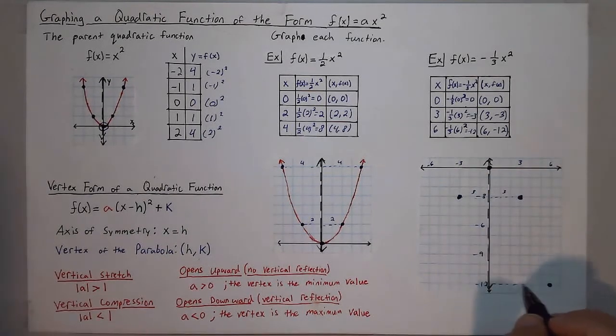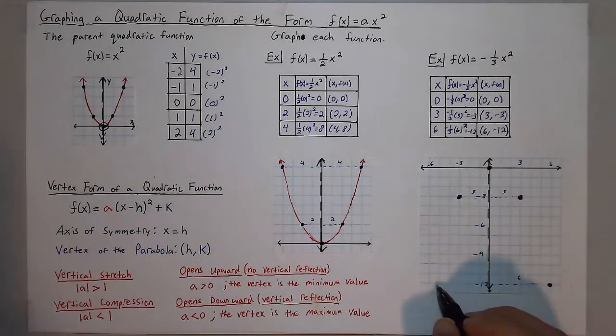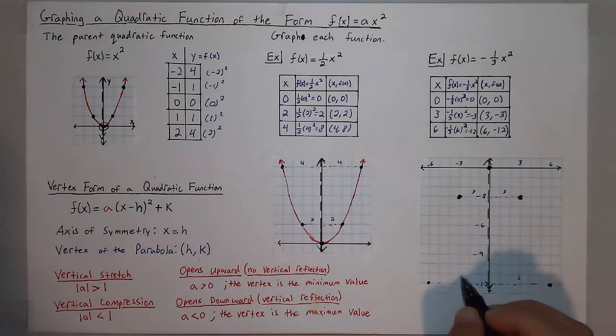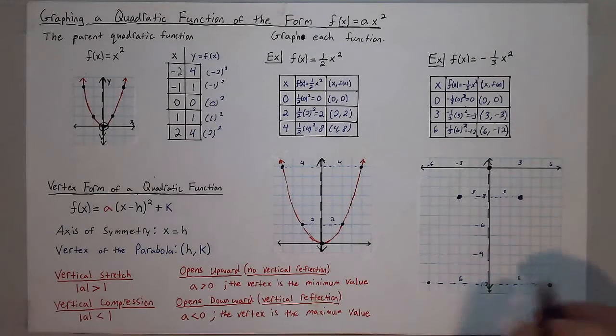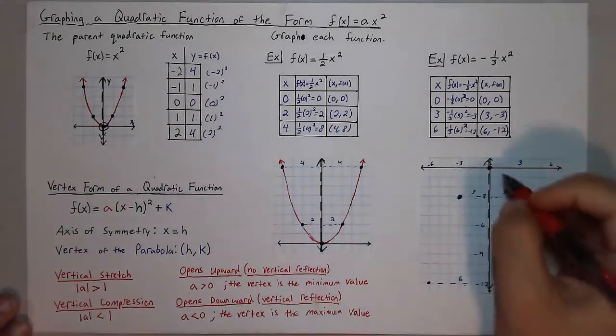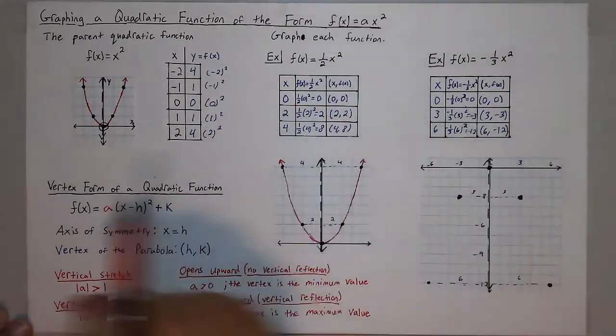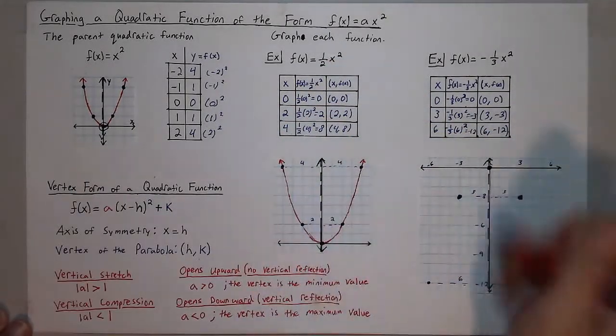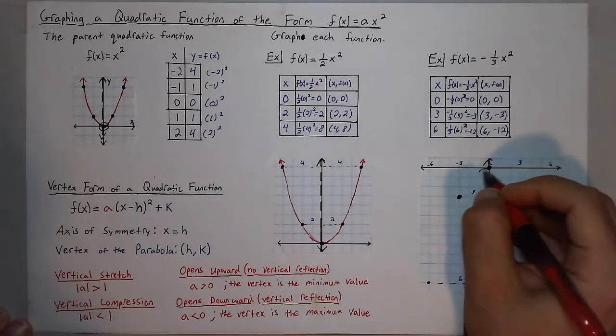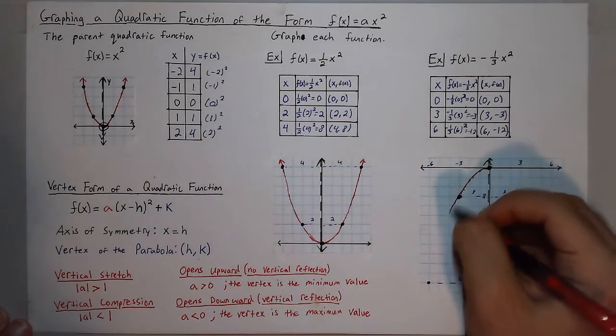And this one's 6 points to the right, so I'll go 6 points to the left. And now I'll have all my points to draw my parabola. This one's now opening downward rather than upward. So we've seen them open upwards. This one looks like it's opening downwards.